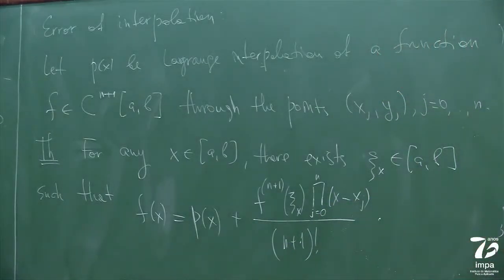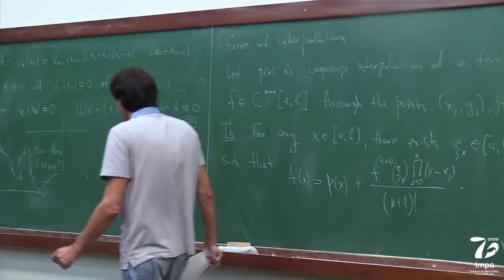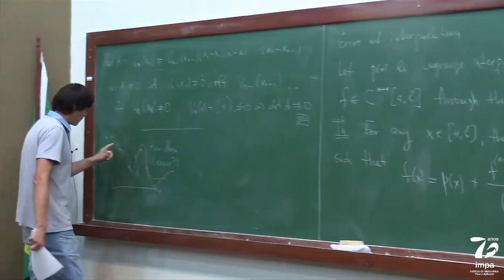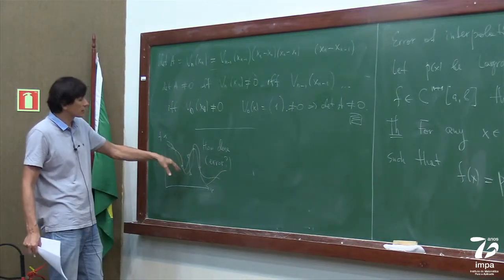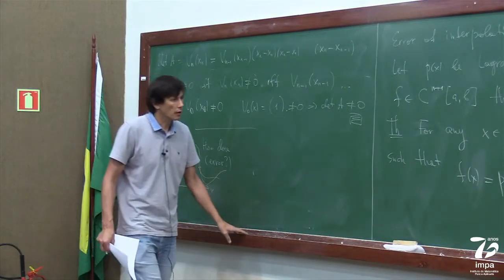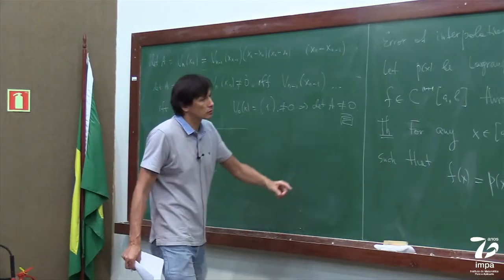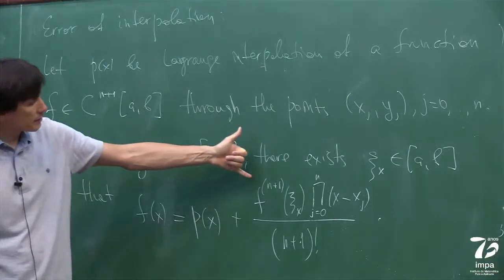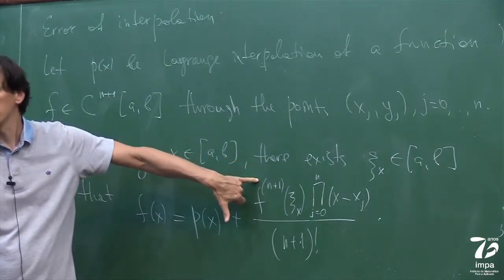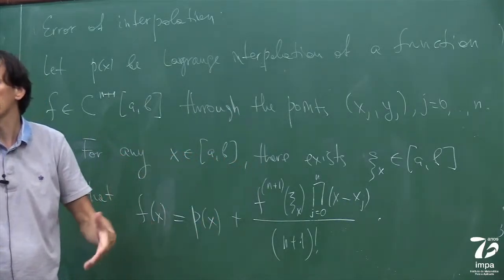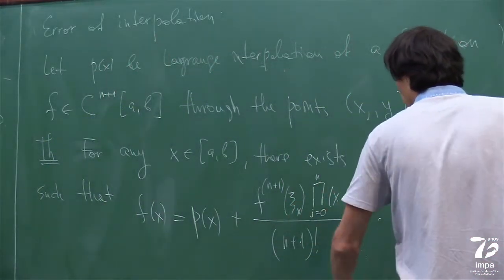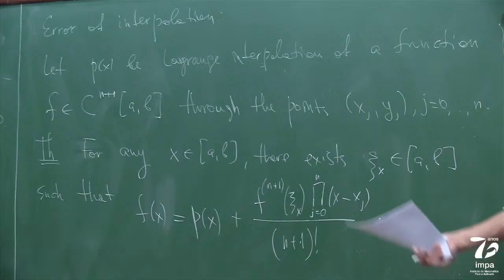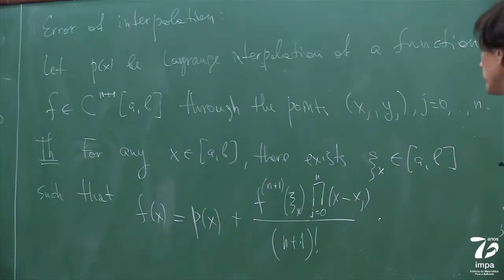So essentially what it means is that if you approximate any function through n points by a polynomial which is exactly passing through these points, your error everywhere will be controlled completely by the next derivative. So if you have control on the next derivative, you know the error. If it is small, this is just some product, so then we know how close our polynomial is to the function.